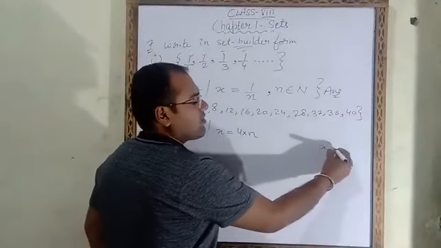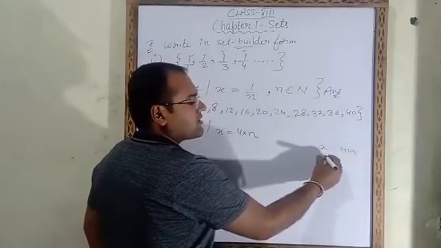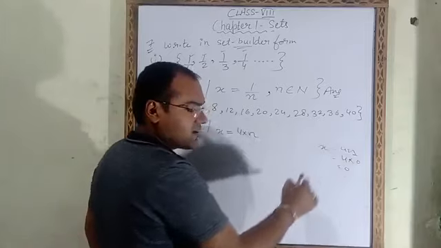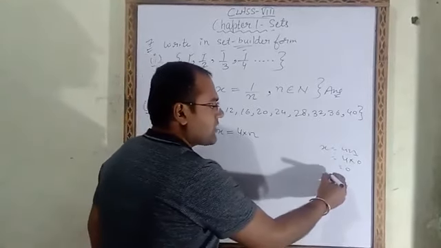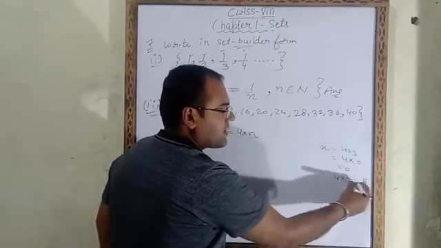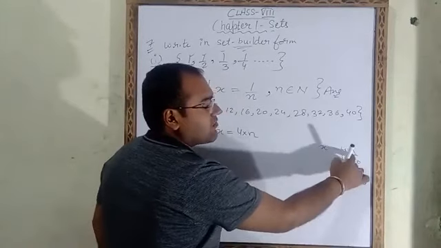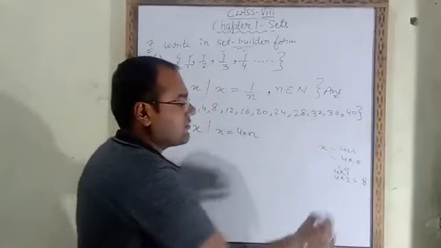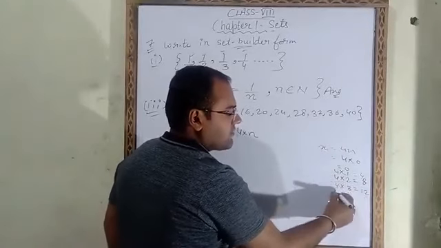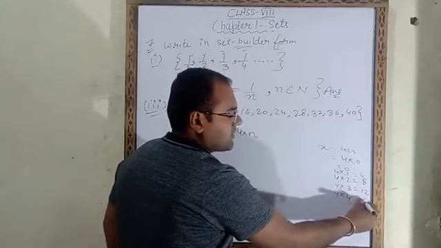Using the formula x is equal to 4n, we have to put n as 0, then only we will get 0. If we put n as 1, we get 4 into 1, 4. If we put 2, 4 into 2, the answer will be 8. If we put 3, we get 12. If we put 4, we get 16.